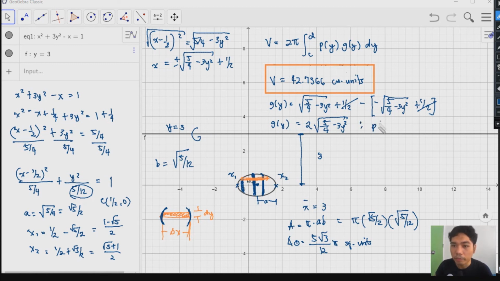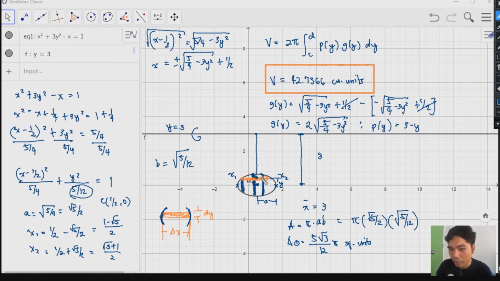Now, how about our p of y? Again, p of y is the distance from the axis of revolution going to your strip. If the horizontal strip is drawn above the x-axis, this is 3 units, and this is literally your value of y, so we could say that your p of y is, of course, 3 minus y.